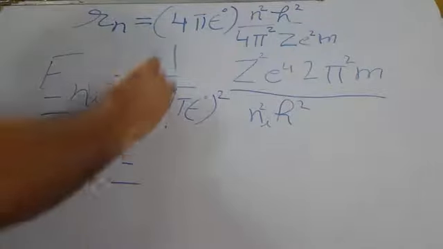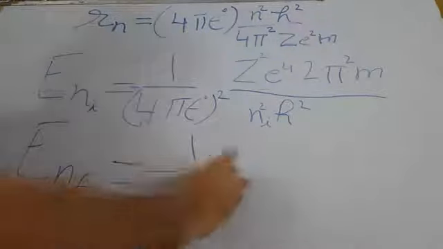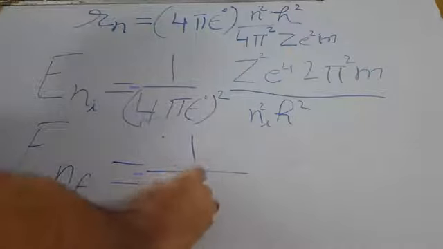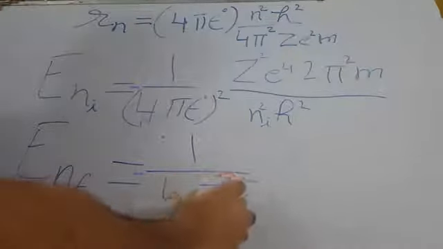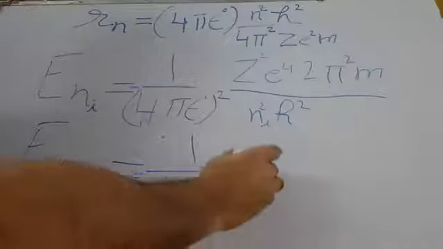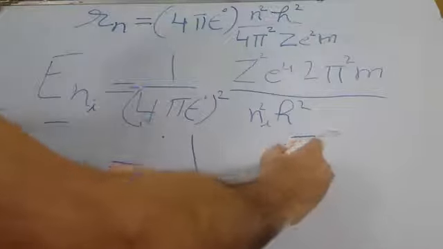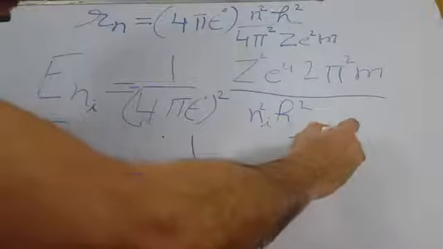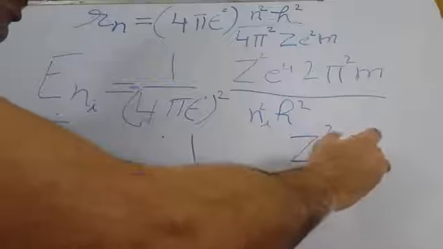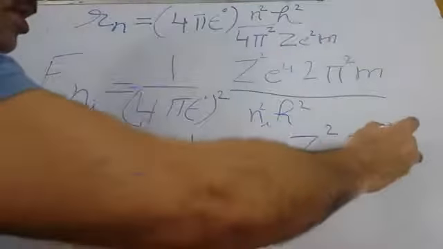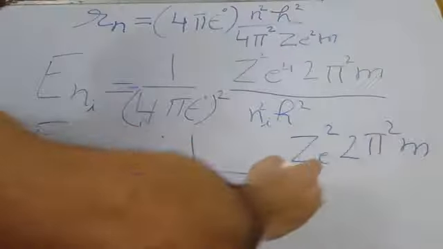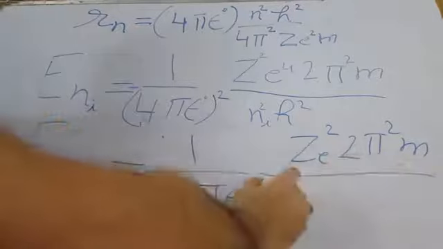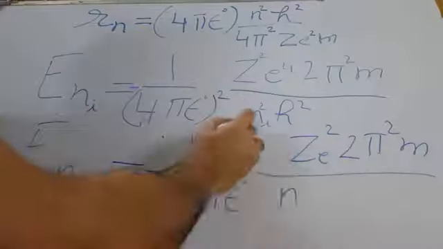Then this equation would be 1 upon 4 pi epsilon 0, Z e square 2 pi square m upon n final h square. Only change is what?